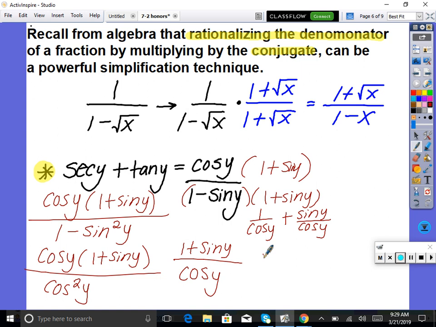It is? Yeah. I was looking over here, I was so confused, I thought you guys were trying to get here, like that's not helping. I see what you're saying. So then that's secant y, sorry, blonde moment there. Tangent y, and that's what we were trying to get to.